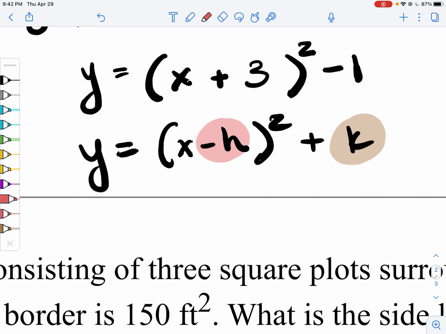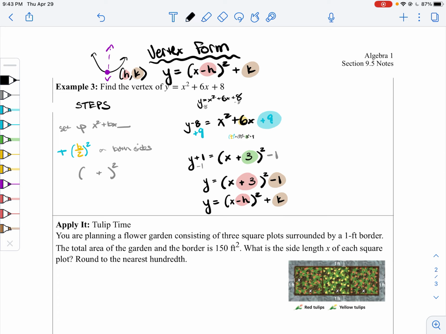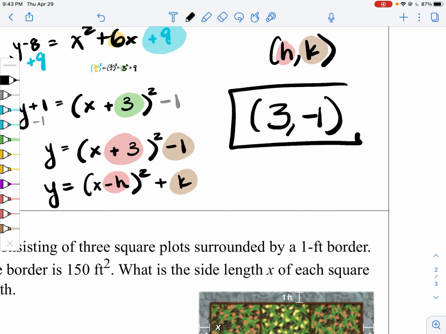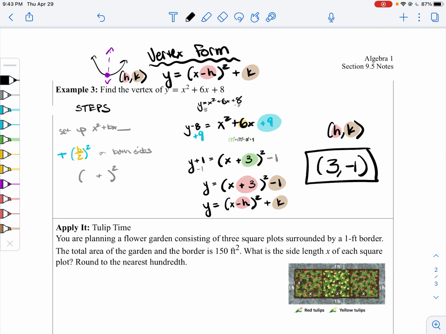In this case, our h is positive 3 and our k is negative 1. So what is the vertex? If we have h comma k, our vertex is at 3, negative 1. Amazing. There it is. That's how to find the vertex.